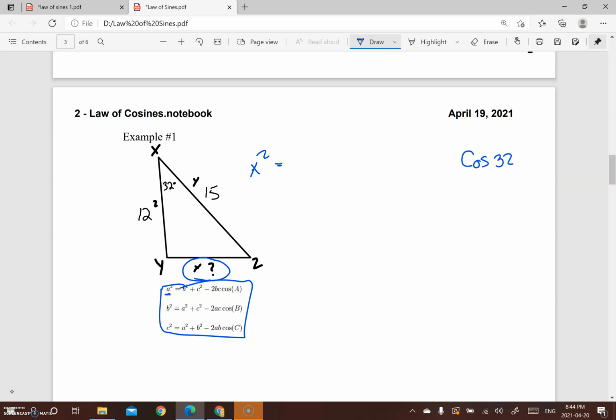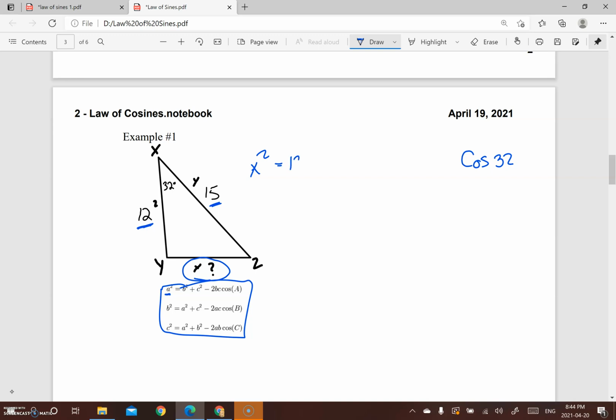So cos 32. In the middle, I call it the peanut butter and the jelly because we're making a peanut butter and jelly sandwich. The other two lengths are 12 and 15. It does not matter which order I put these in.